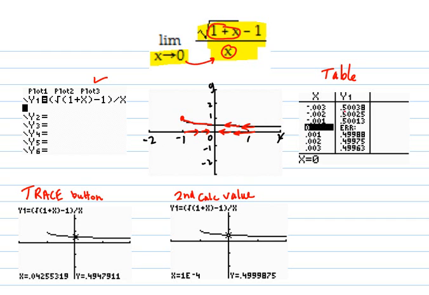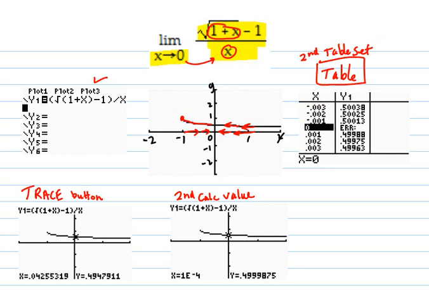So one way to be sure is to make it a table. That starts with second table set, and tell it where you want to start and the increment, and you get a table such as this.